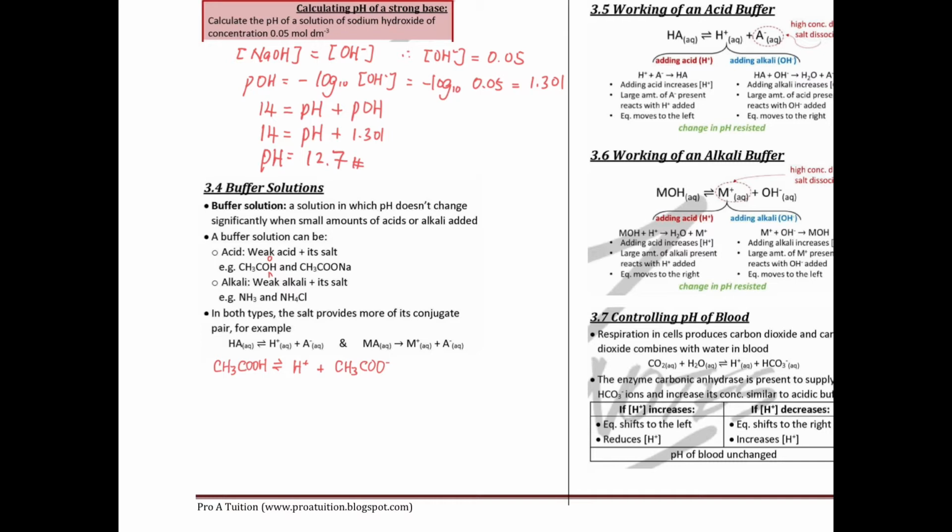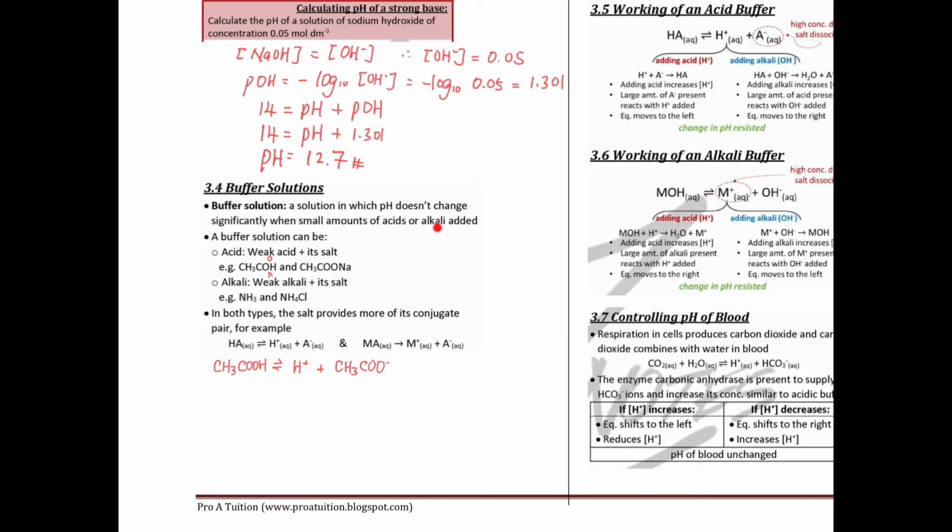Over here, logically, this is ethanoic acid, and acid can react with alkaline. That is something that we know long time ago. So if you have alkaline added to the buffer solution, who is going to handle this?